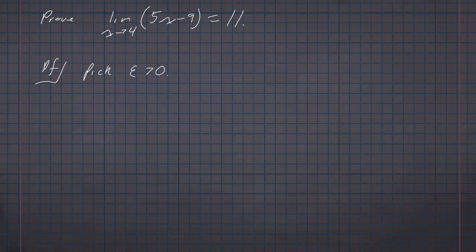Right? So we start by saying that we're going to pick epsilon greater than 0. Or sometimes it's written as let epsilon be greater than 0. We're not saying what value epsilon takes on. We're just saying that there is a value of epsilon greater than 0. All we know about epsilon is that it is greater than 0. We can generally assume it's relatively small. All we know for sure is that it's greater than 0.